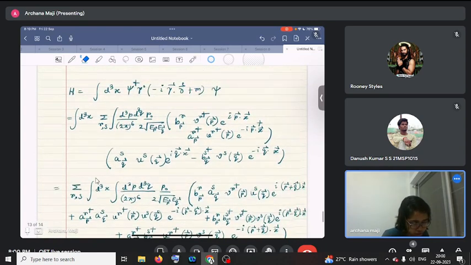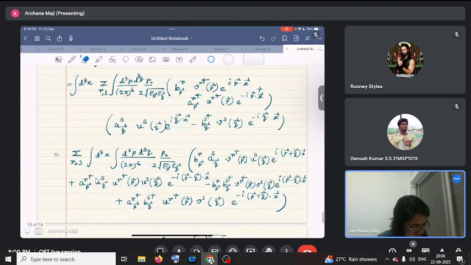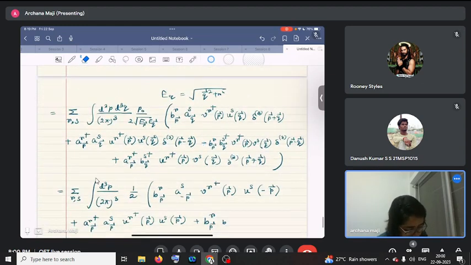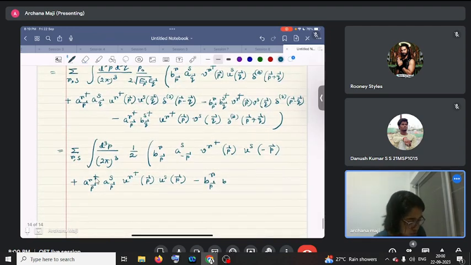Then the last two terms will be minus. This is minus. Just let me see. Yes, this is minus, and this is also minus. So b_q dagger p.